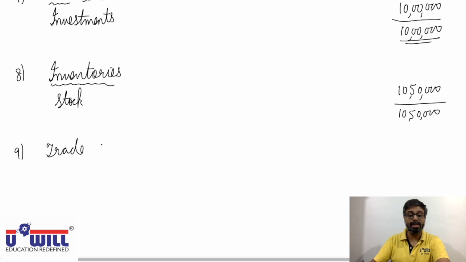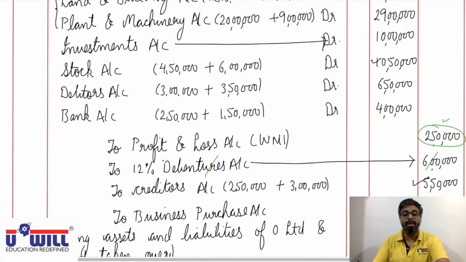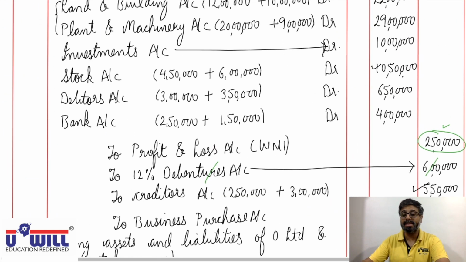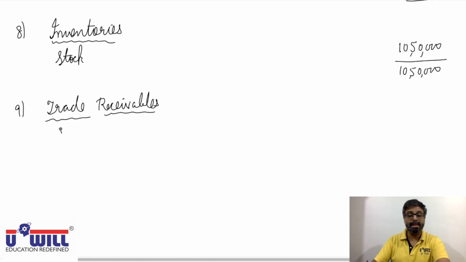Ninth note, trade receivables. Now what does trade receivables include? Debtors and bills receivable. So in this entry number 2, debtors, all of you can see, are 6,50,000. So debtors 6,50,000.